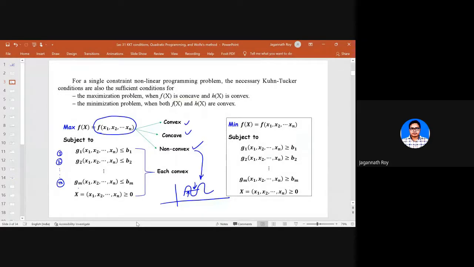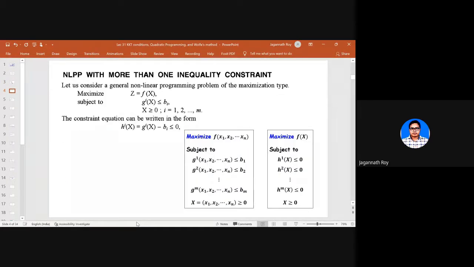Okay, so let us discuss. If we have a greater-than type constraint, then we need a surplus variable. There are m different constraints, so we need m different slack variables. So this concept we have to extend. Now we have a generalized function with more than one inequality constraint.